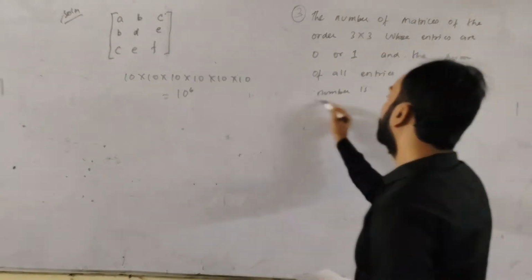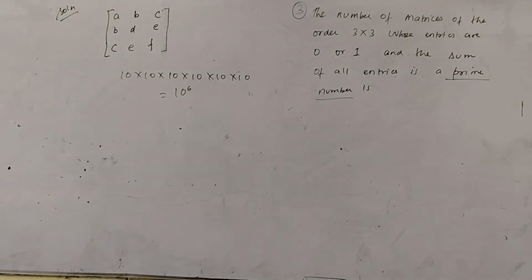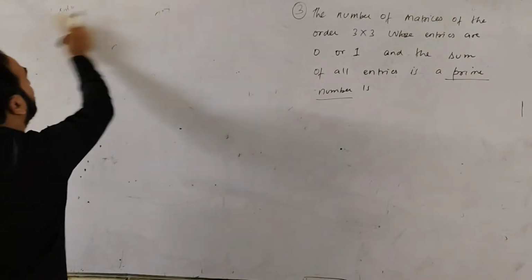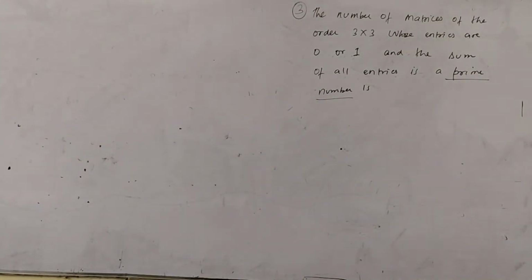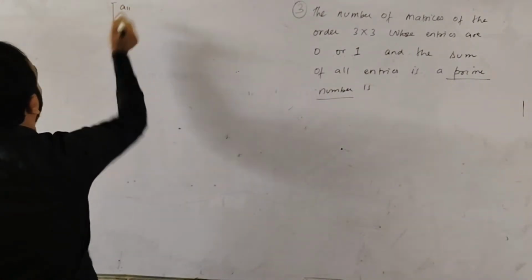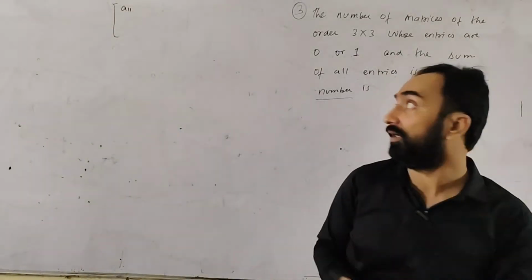So what it should be, means all the entries is what? We know the format how to write a 3 cross 3 matrix, right? I will write it down first, the format, just like the previous case. We can write it as A11. What do you mean by A11? A11 is the first row, first column.